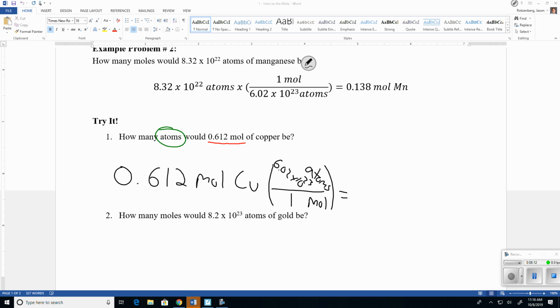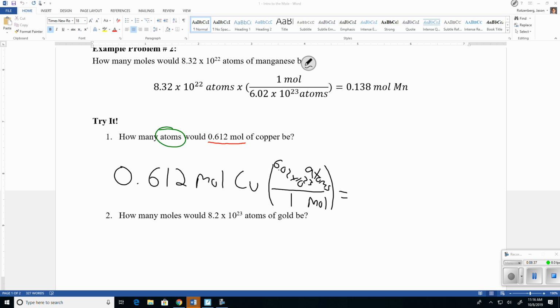When you get a final answer, odds are there's going to be a whole bunch of numbers written on there. Two things to be aware of. First off, if our final answer is in atoms, we need to look at the far right-hand side of our calculator where it says, for this problem, E23. In other words, we have to know our power of 10.